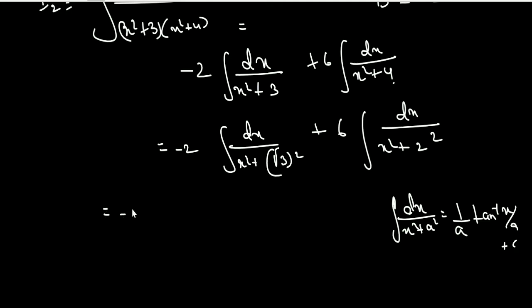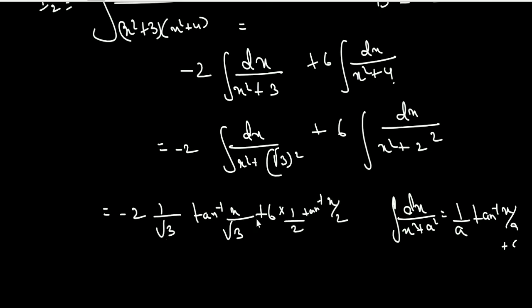So this is equal to minus 2, a is root 3, so 1 by root 3 tan inverse x by root 3, plus 6, a is 2 here, so 1 by 2 tan inverse x by 2.